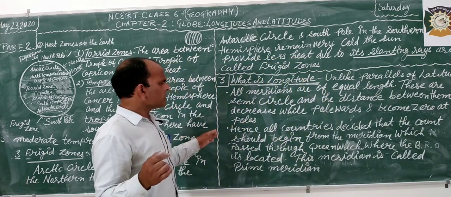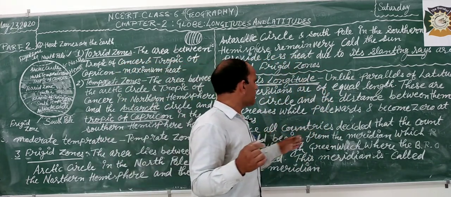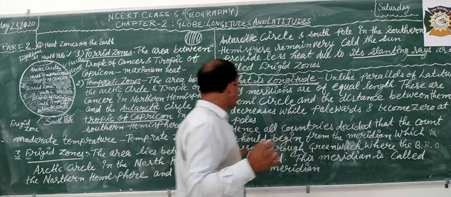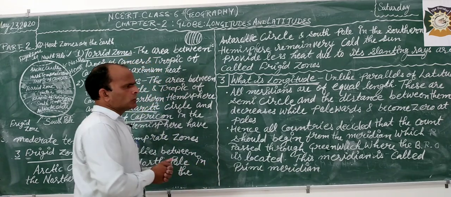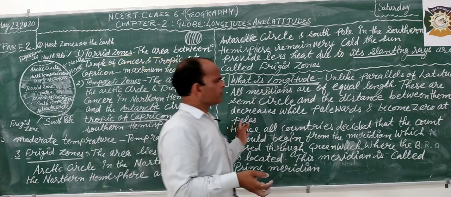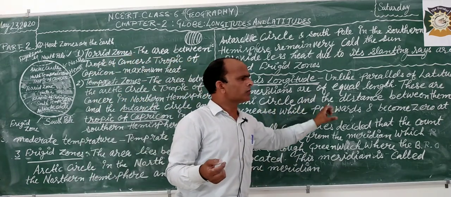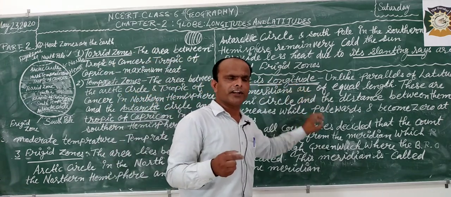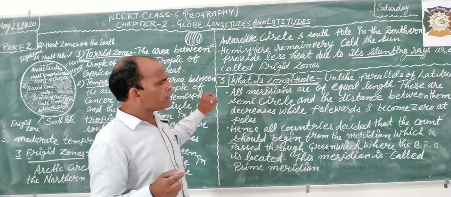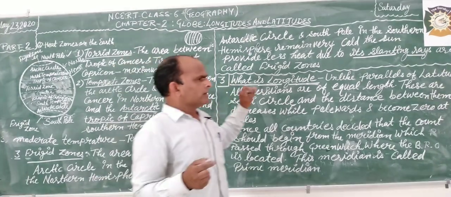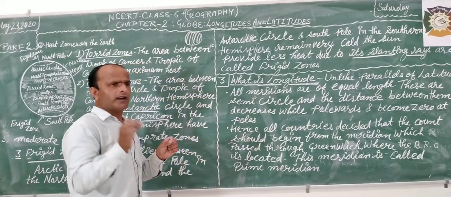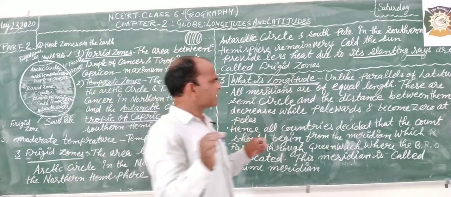Hence all countries decided the count should begin from the meridian which passes through Greenwich. Because we cannot count semicircles, every semicircle has a number, it is very difficult. But if we want to count them, we have to put a universal point.